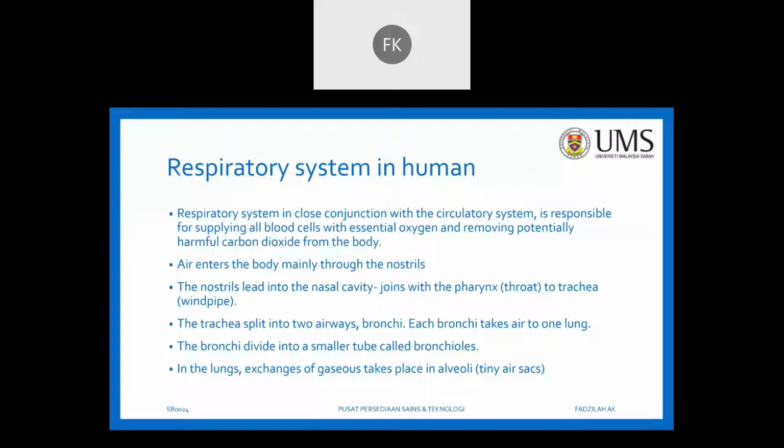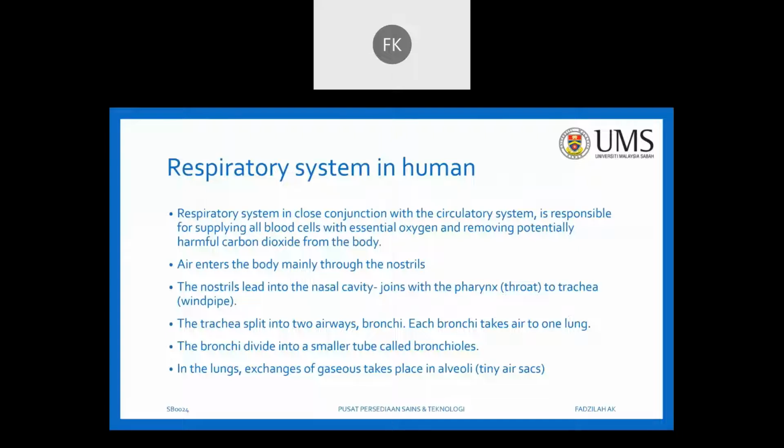Air enters the body mainly through the nostrils. The nostrils lead to the nasal cavity, the throat, and the windpipe, or trachea. The trachea splits into two airways known as bronchi. Each bronchus takes air to one lung.